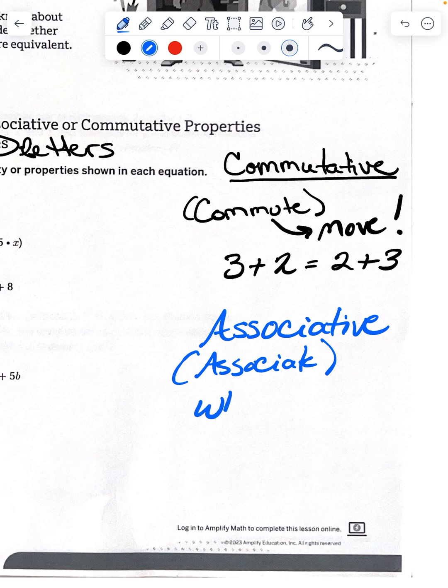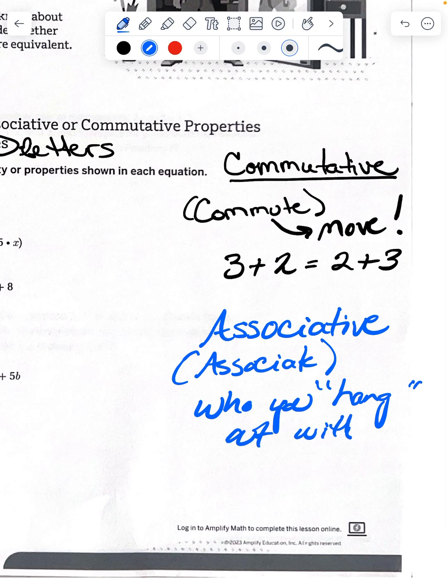So I'm going to write who you hang out with, or in other words, the groups that you may hang out with, okay? So I associate with my son and my husband when I'm at home, and then when I come to school every day, I associate with all of the teachers, and I associate with all of my students.